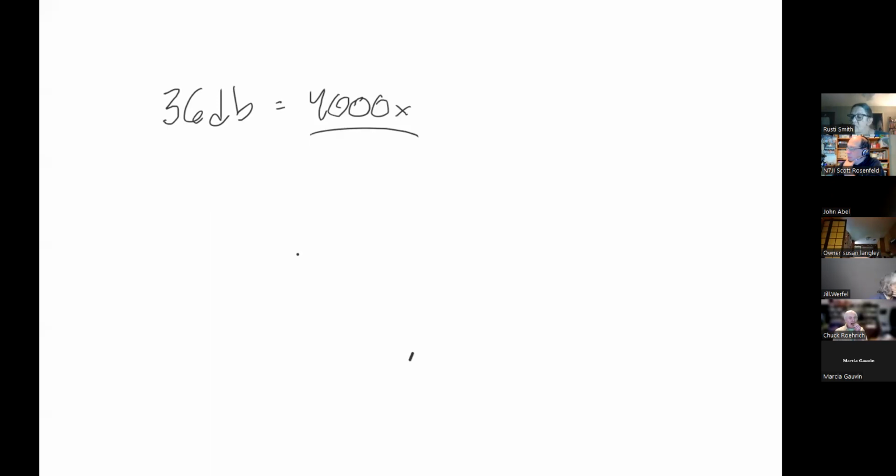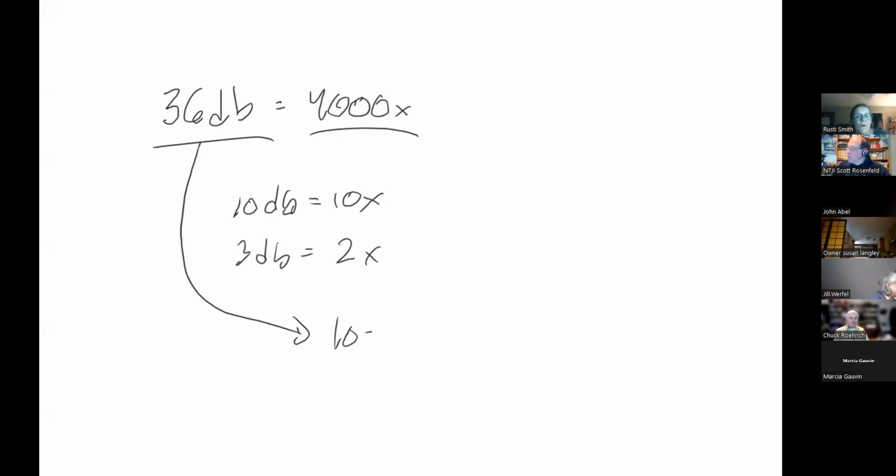Well, you just have to break it down. There's only 2 things you really need to know. 10 dB is 10 times. And 3 dB is 2 times. So just break this down. That's 10 plus 10 plus 10 plus 3 plus 3. Every time you add a 10, you multiply by 10.